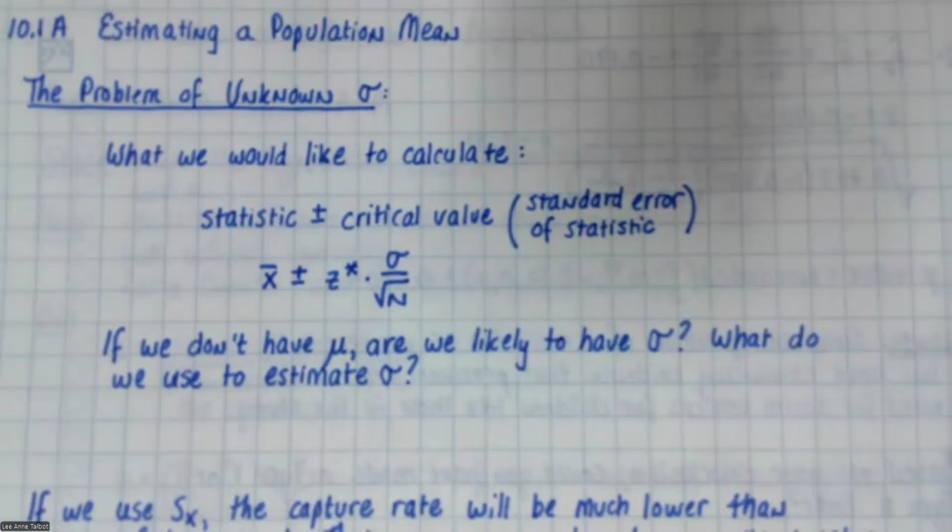We were struggling with that in chapter 7. We're not struggling with that anymore. So statistic means sample, and when you're talking about a mean, the symbol for sample mean is x bar. Everybody good with that? Plus or minus critical value, z star. Z star is how many standard deviations out on either side. And z star is the thing in question today. So just hold that. That's my foreshadowing.